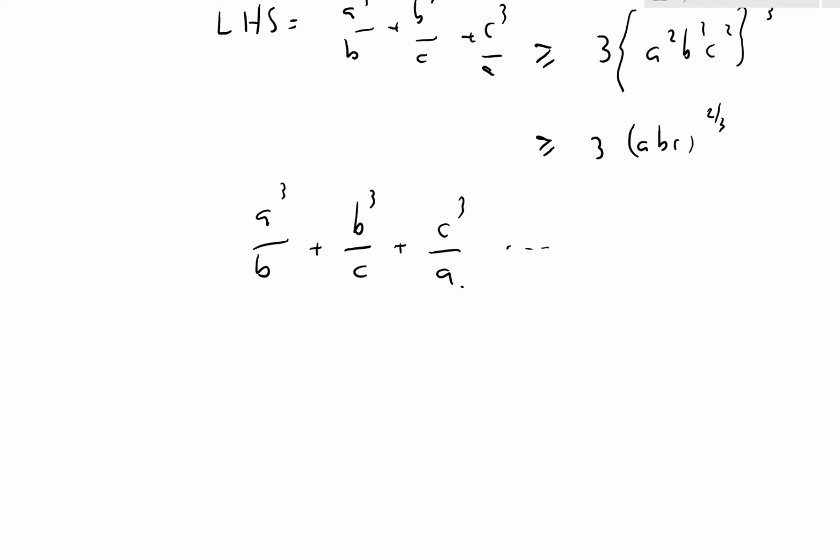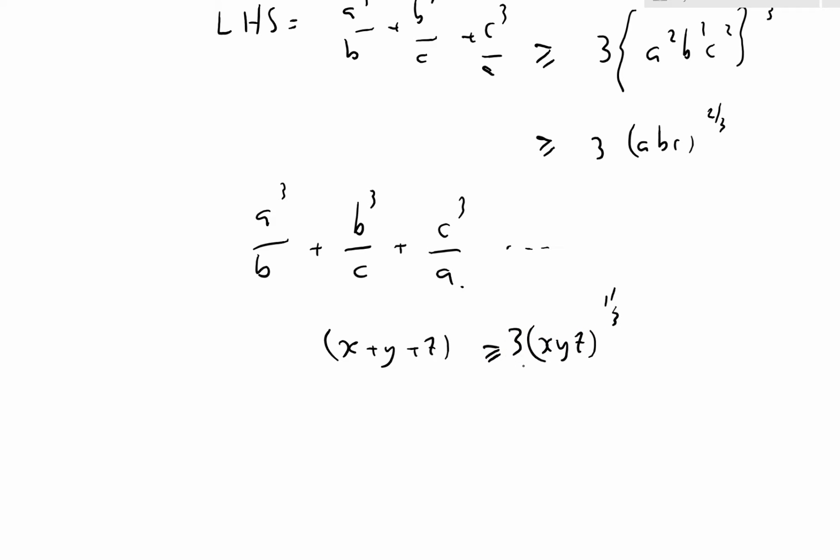Well, I'm going to consider a cubed. I'm going to use this inequality here: x plus y plus z greater than or equal to 3 times (xyz) to the 1/3.